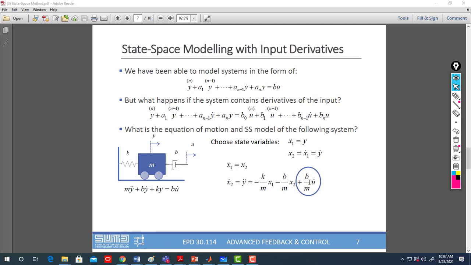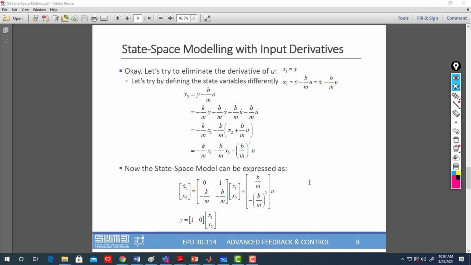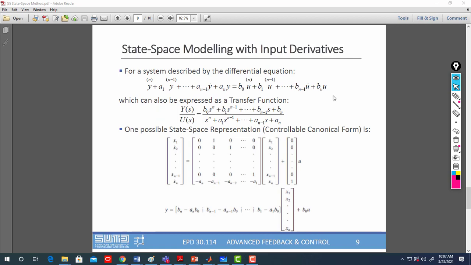In general, if you have a system like this, you can directly write it in this state space representation. By the way, this representation we call controllable canonical form.